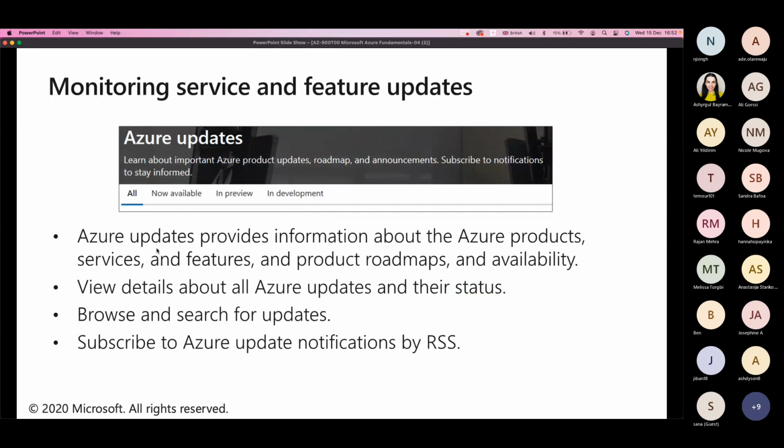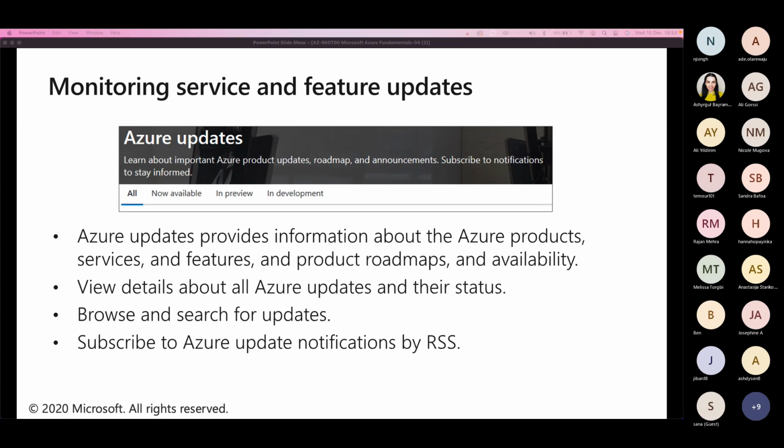Now, in terms of monitoring services and features, updates. Azure updates provide information about the Azure products, services, and features, product roadmap, as well as the availability of those, which is worth keeping an eye on if you are working in cloud infrastructure teams.